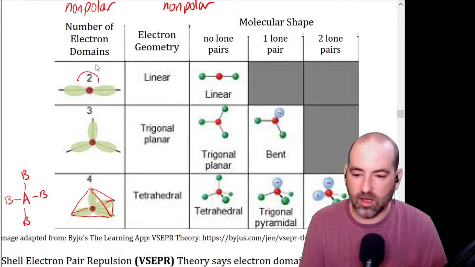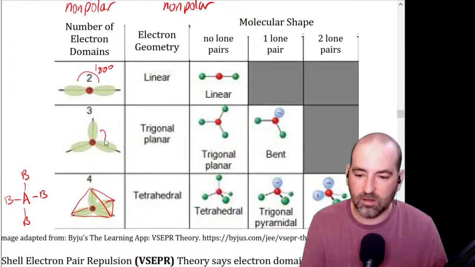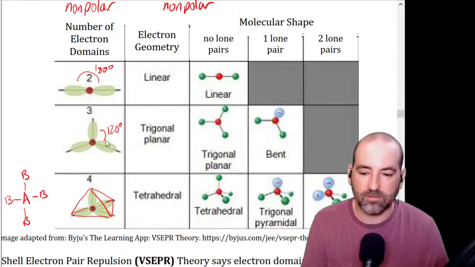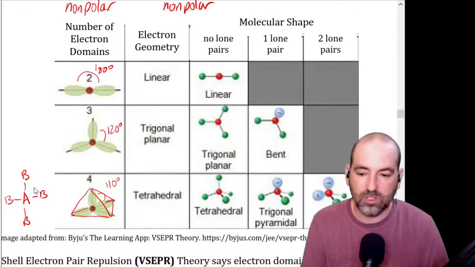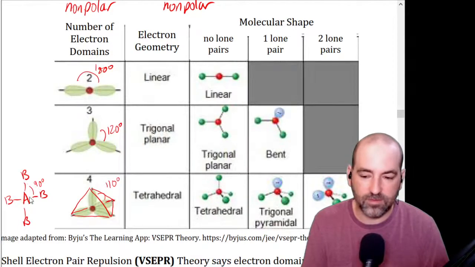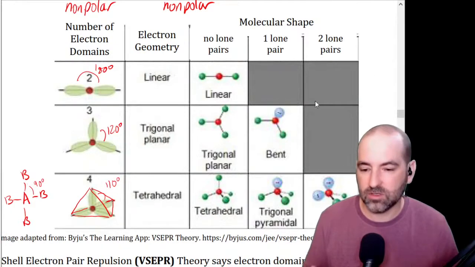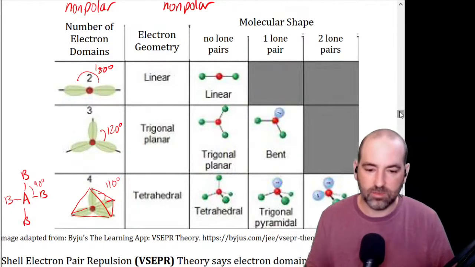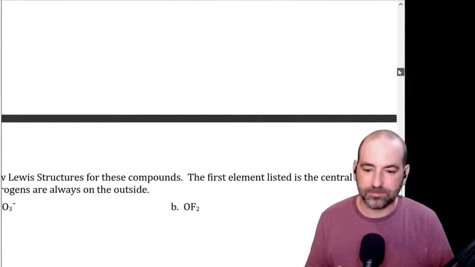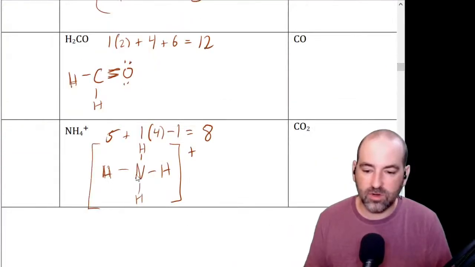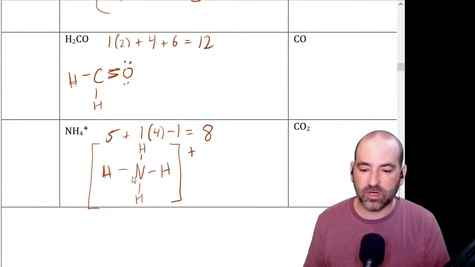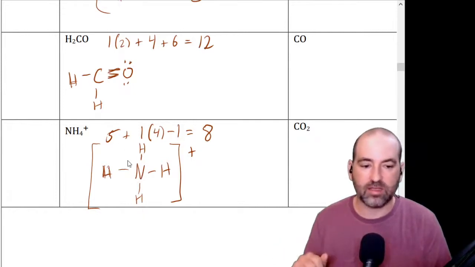So we've got 180 degrees for a linear, 120-degree angle for a trigonal planar, and then about 110 for tetrahedral, which is way better than it would be if it was flat and had to be 90. Those would be closer together. So that's why we have this tetrahedral. So anytime you have 4 electron groups, like for example, in this NH4 structure, it's okay to express the Lewis structure as a flat plus sign like that.